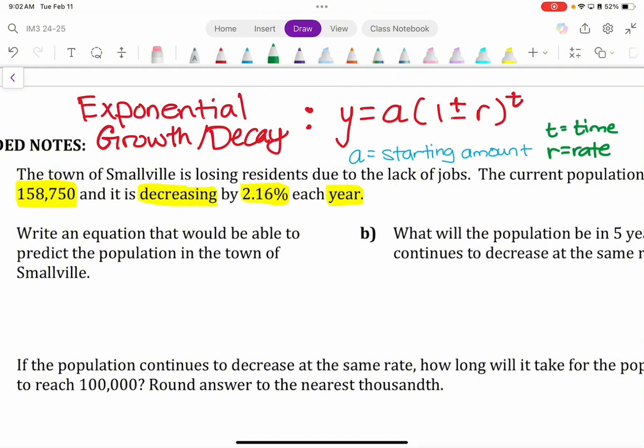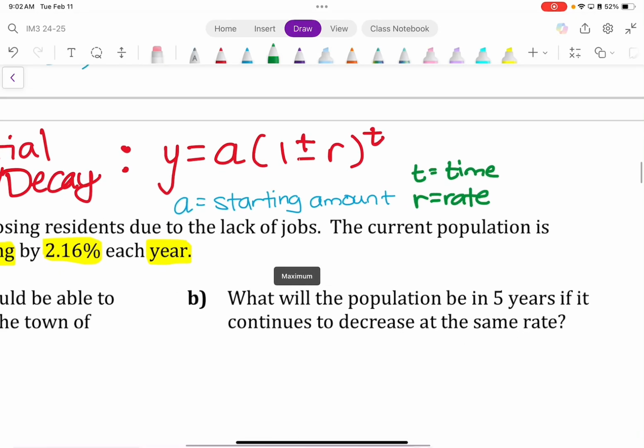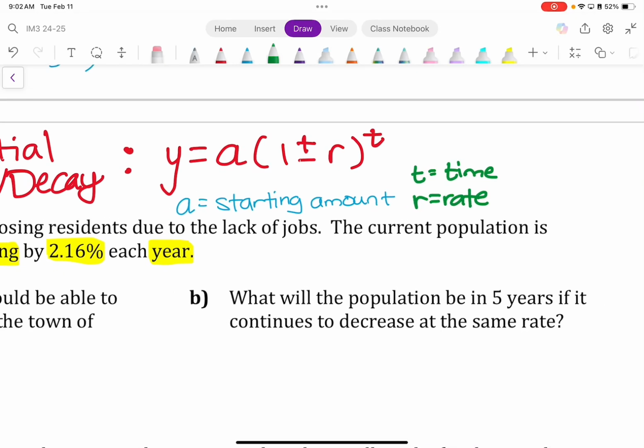Okay? So hopefully you guys are able to see that. If not, I can zoom in. Once again, the equation for exponential growth or decay is the following. Y equals A, 1 plus or minus R to the power of T, where A represents your starting amount, R represents the rate, whether it be rate of growth or rate of decay, and T represents time. Okay?